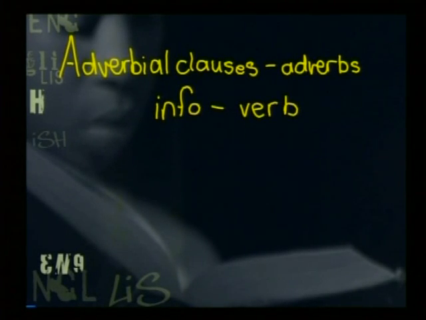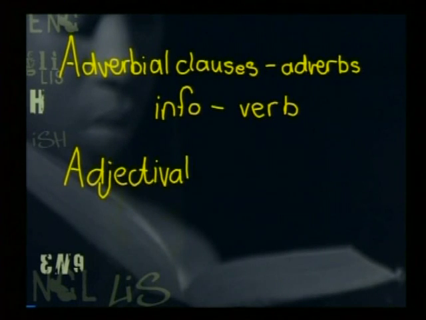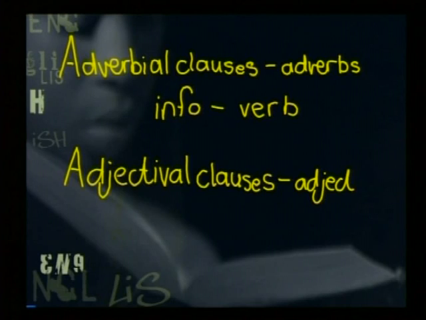If adverbial clauses act like adverbs, giving info about verbs, what do you think adjectival clauses will do? If you guessed they act like adjectives, you would be so right.